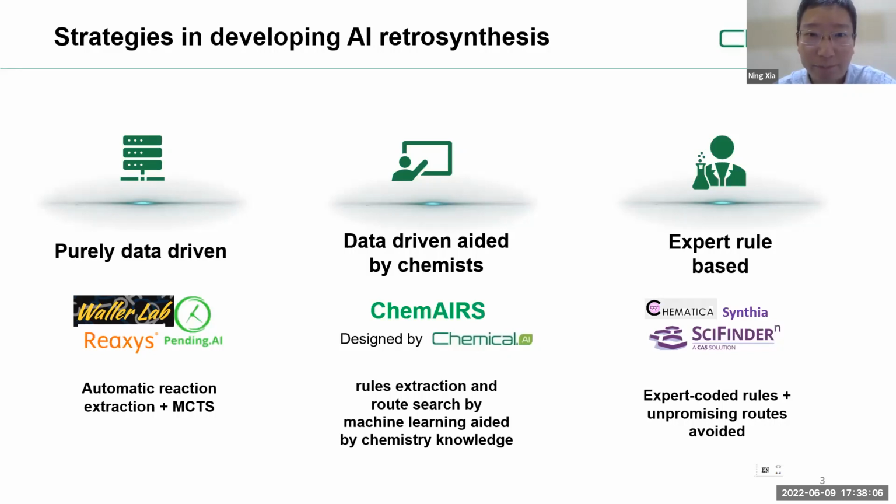There are simple reactions like protection or deprotection, and there is a lot of data for these simple reactions. But for some rare reaction types, there are only a few data, which will cause problems because it is not enough for deep learning. Another problem is the lack of interpretability.